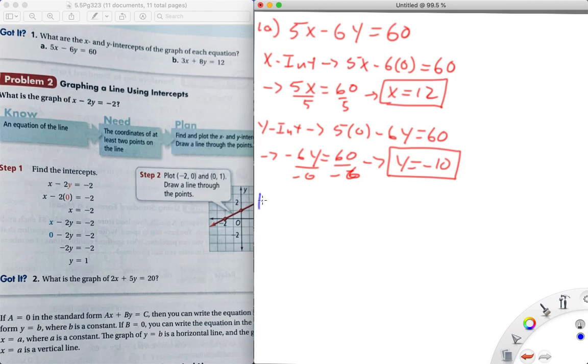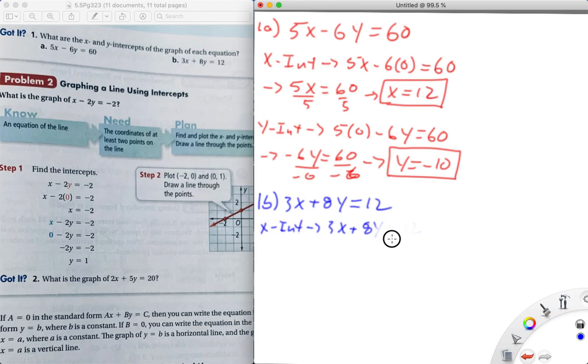1b, we have 3x plus 8y equals 12. So same thing. X-intercept is x when y is 0. So it's going to be 3x plus 8y equals 12.